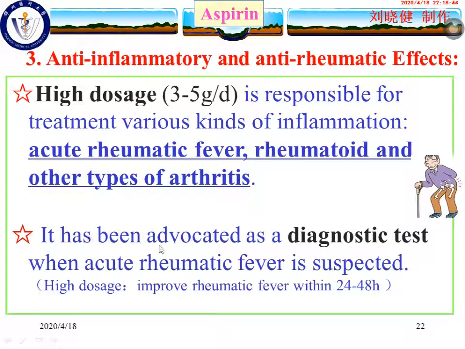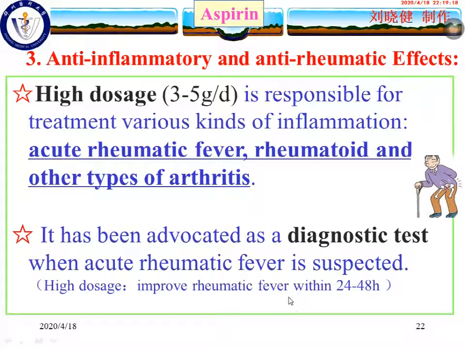It has been advocated as a diagnostic test when acute rheumatic fever is suspected. So actually, a large dose of aspirin also has significance in the diagnosis of rheumatic fever. If acute rheumatic fever is suspected, just use aspirin in high dose.